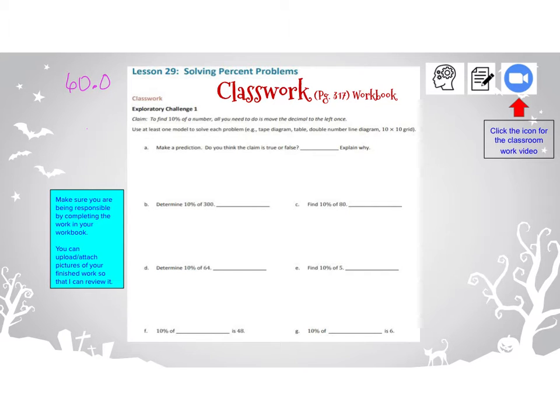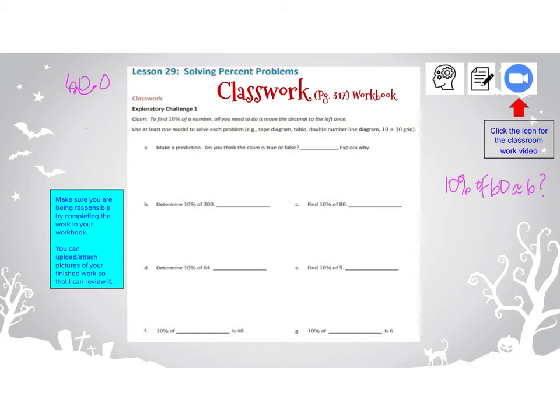And if we were going to find 10% of a number, all you need is to move that decimal to the left once. So is 10% of 60, is that equal to 6?